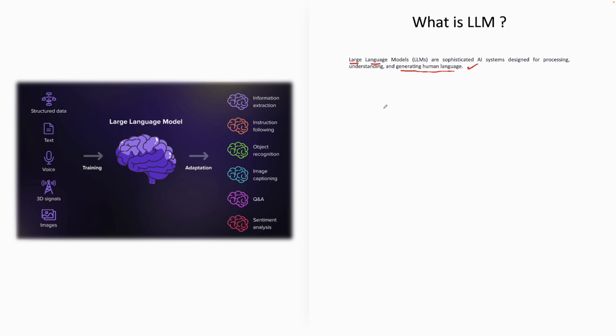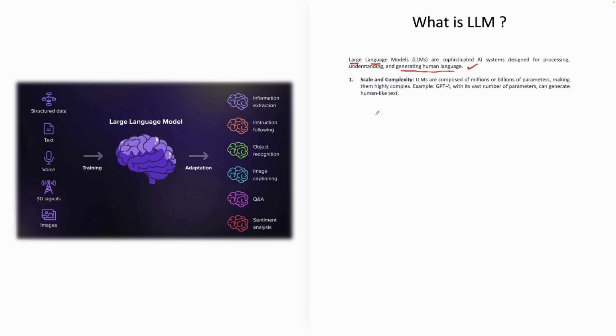What it is saying is that, let's say you give some input, it is able to understand that input, it can process that input, and based on that processing, it can actually generate human language for you. Like, for example, if you ask the LLM to write a poem or write a story for you, that is the kind of input you are giving to the model, and based on that, it can actually come up with human language for you.